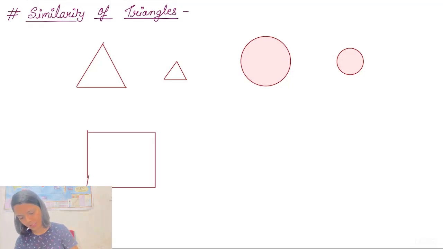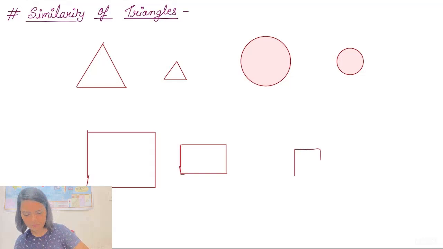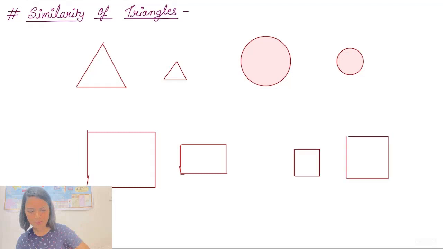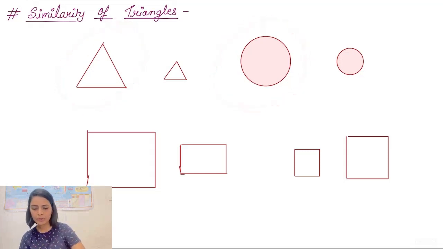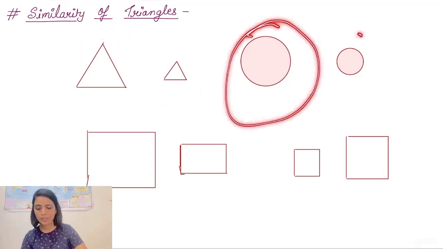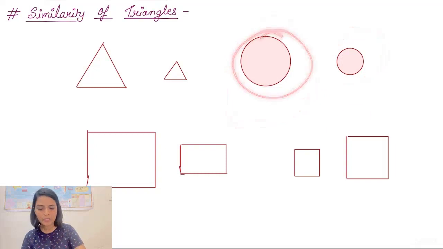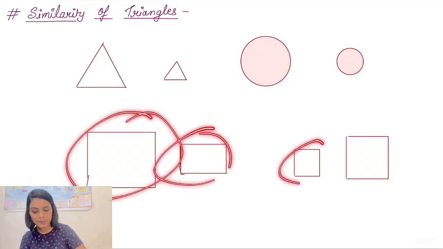This is a rectangle, this is another rectangle. This is a square, this is another square. Now just tell me, is this figure similar to this? No, this is not similar to this, but this figure is similar to this figure. Next, is this figure similar to this figure? No, but this figure is not similar to this or this figure. Similarly for the rest of the two examples.